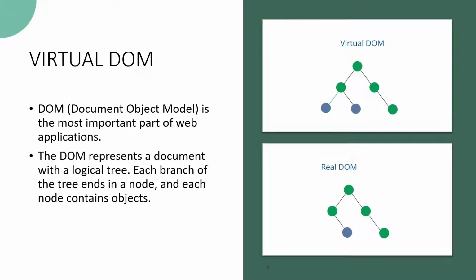Manipulating the DOM is slow, but manipulating the virtual DOM is much faster in React. So thanks to the virtual DOM, React can update only the necessary parts of the DOM. That's the summary.